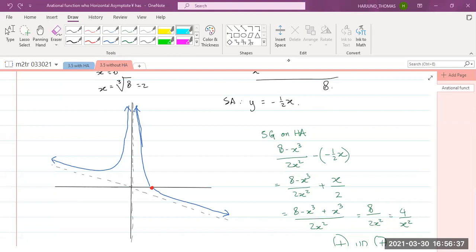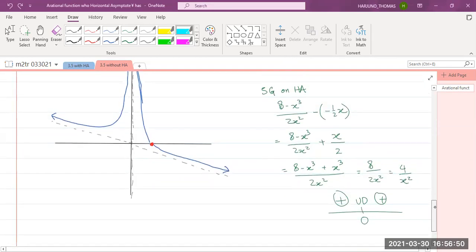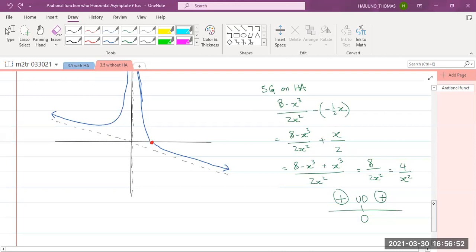Okay, I will do one more question, this time on curvilinear asymptote. The sign graph before this one, the one here? Sign graph for the horizontal, sorry, I wrote it wrong. This is the sign graph for slant asymptote.